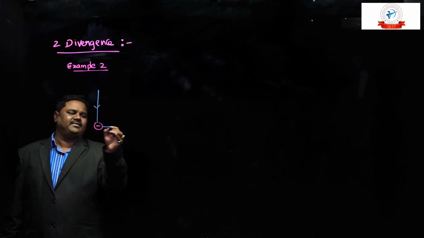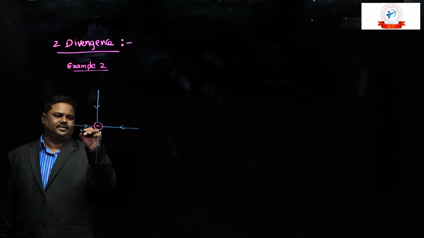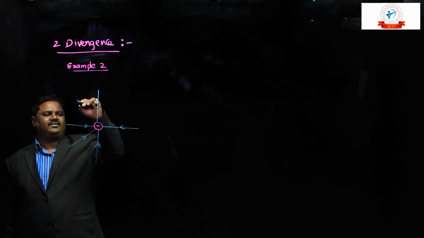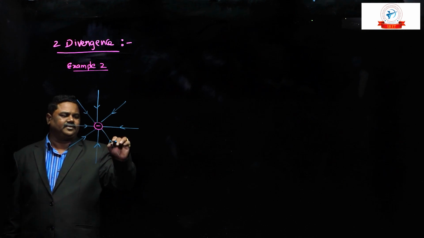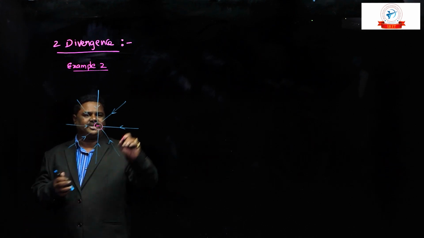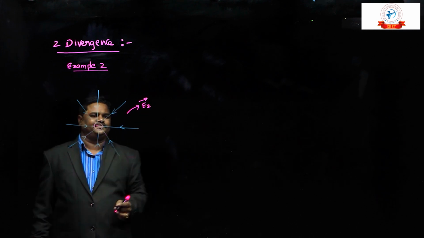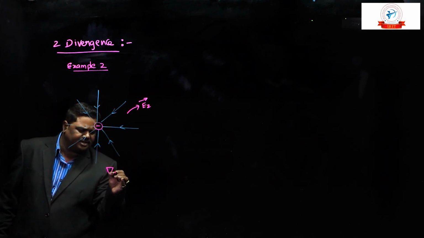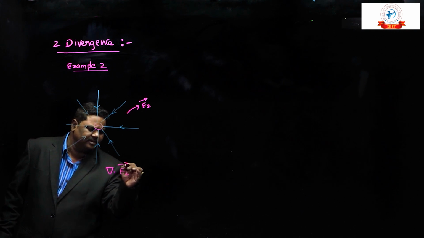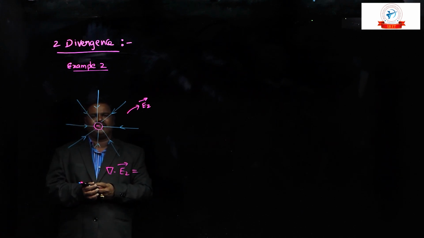We know that the electric field ends at the negative charge. The total electric field will travel towards the negative charge. I consider the electric field due to this negative charge as E2 bar. Now let us find the divergence of E2 bar. Here, is the divergence of E2 bar zero or non-zero? That's what we need to find here.